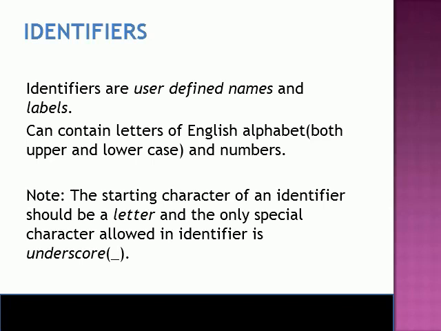Also we can say that identifiers are user defined names and labels. They contain alphabets and numbers. The starting character of an identifier should be a letter, and only specific characters are allowed in an identifier.